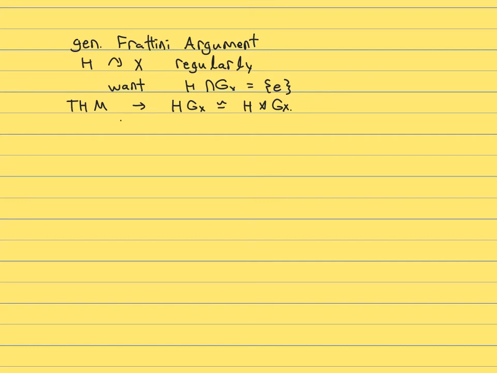Well, what would it mean for H to be in this intersection? Well, it means that it's in the stabilizer. So h dot x equals x, but we already defined property 2 that the stabilizer subgroups are trivial for every element.